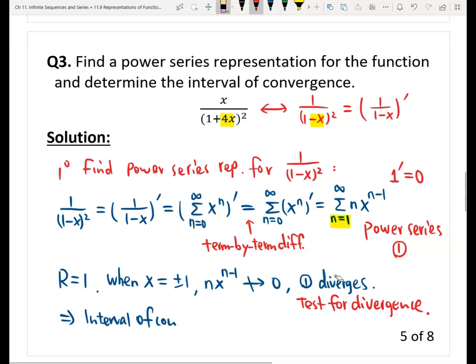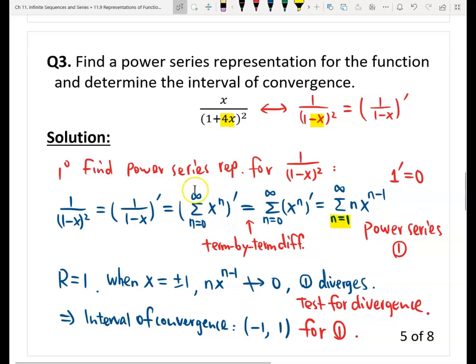The interval of convergence this time is the open interval from negative 1 to 1. Of course, let me mention this is for the first power series.